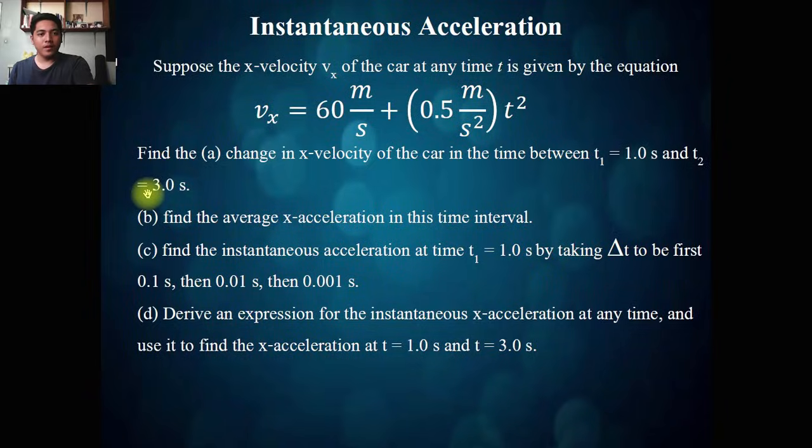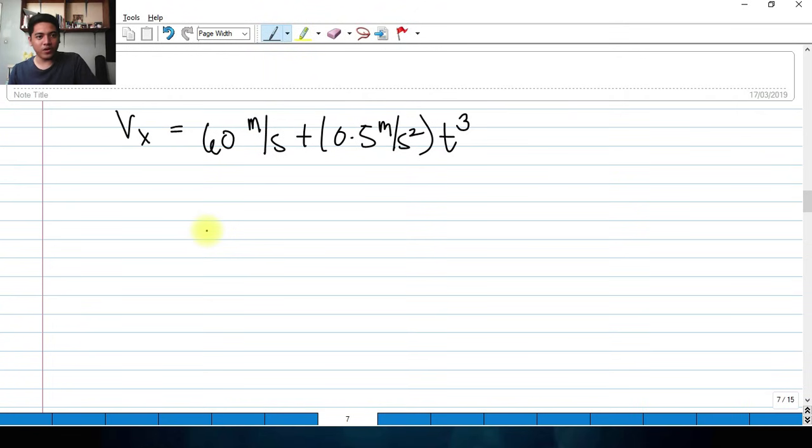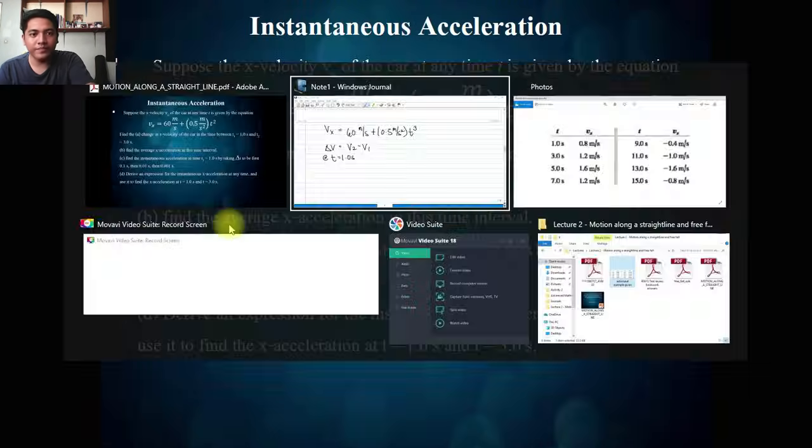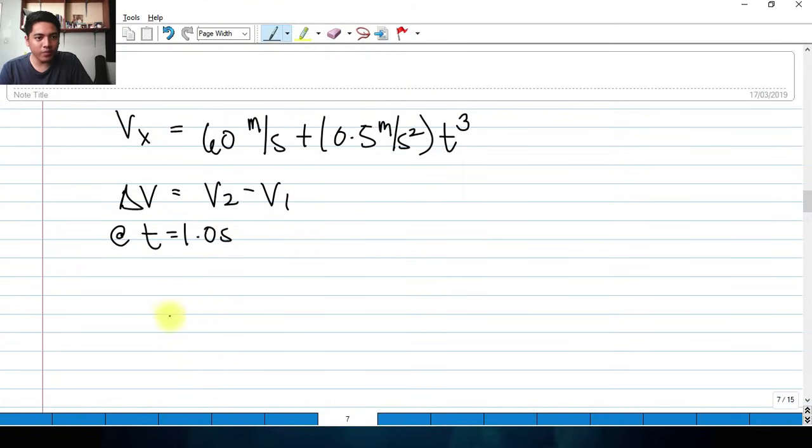So, letter A, find the change in x velocity of the car in the time between t1 and t2, of which t1 is 1 second and t2 is 3 seconds. Find the change in velocity. So the change in velocity is basically v2 minus v1. Okay? So, at time equals 1 second, we can get the velocity v1.